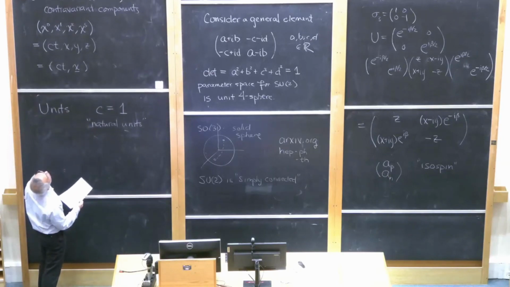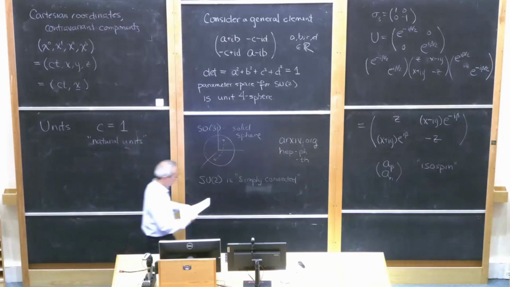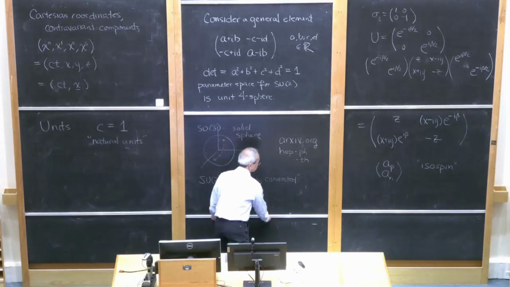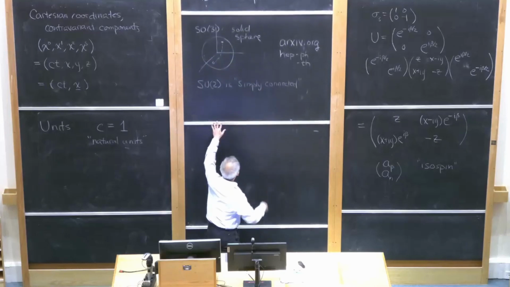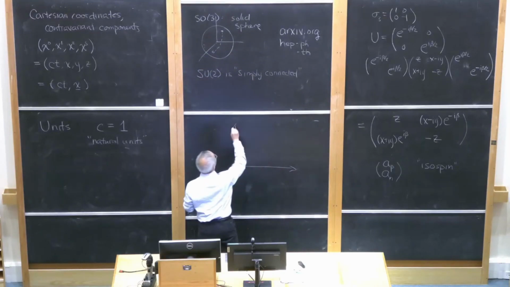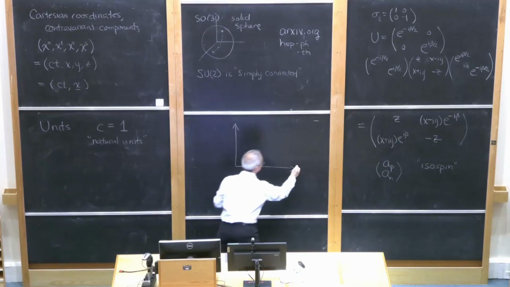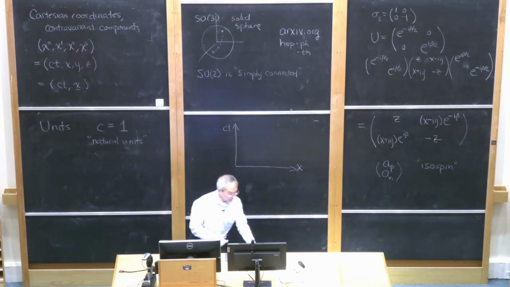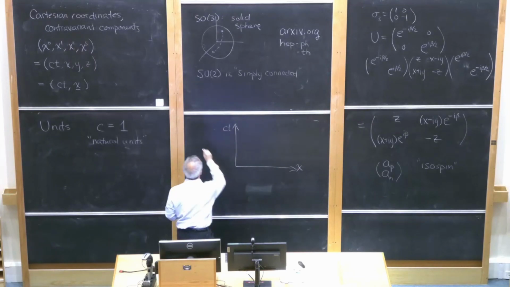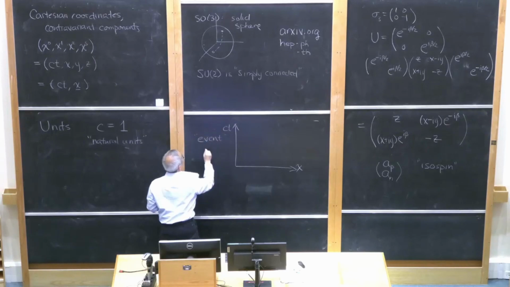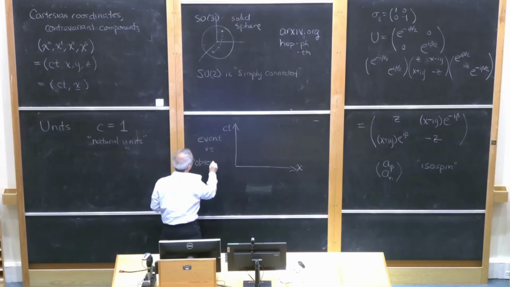One other thing that I want to clarify is to distinguish two things which are oftentimes easily confused. If you had x and ct here, I want to distinguish an event, generically, versus a specific observation event.